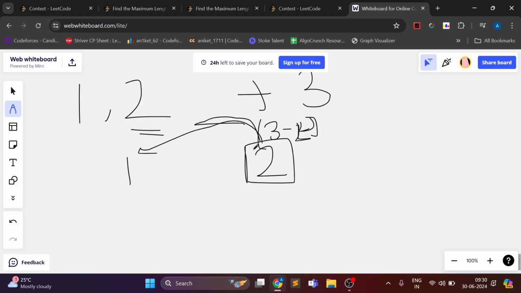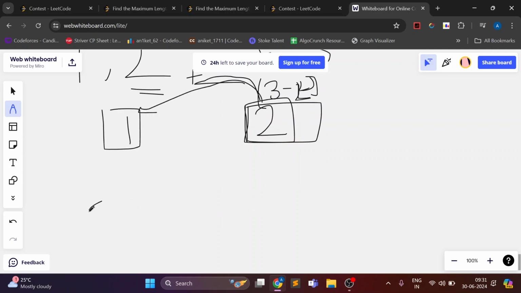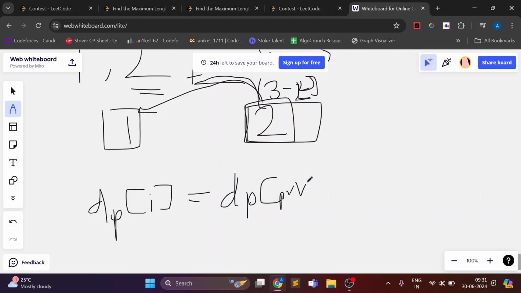The subsequence till this would be the subsequence till the previous plus 1. So a DP state would look like this: DP of I would be equal to DP of previous of sum minus A of I, plus 1.